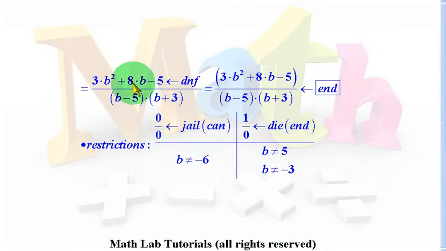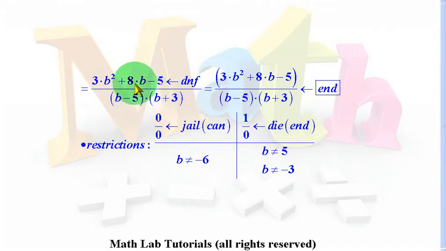When you continue simplifying the numerator, it simplifies as 3b squared plus 8b minus 5. And the denominator, again, is b minus 5, b plus 3. You can check this. This is a quadratic in B. It might factor. If it does factor, then you actually have to factor it and then look for any subsequent cancellations.